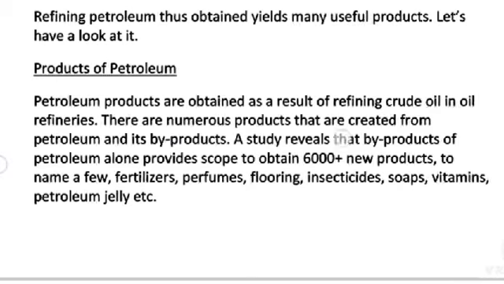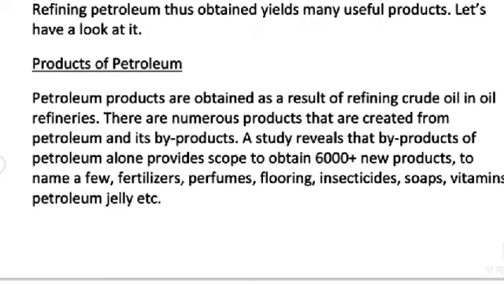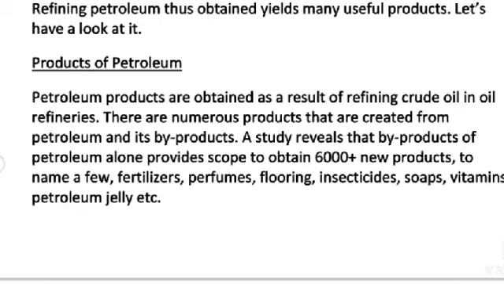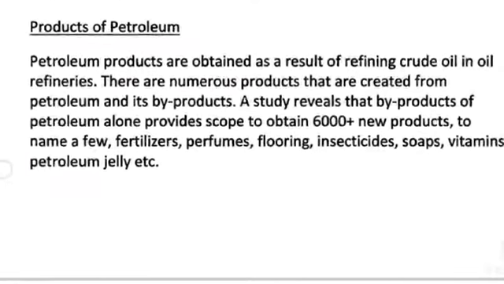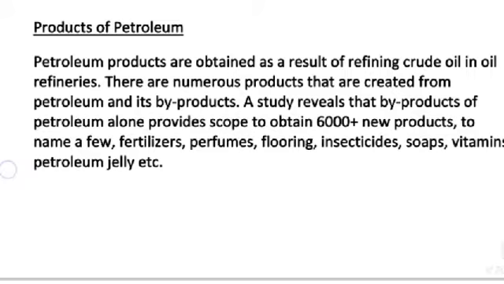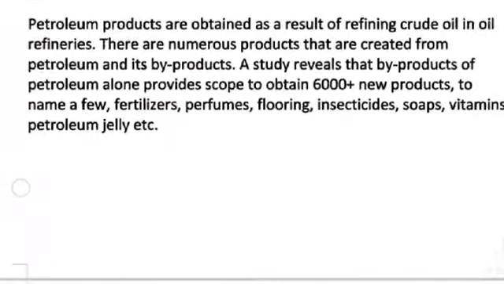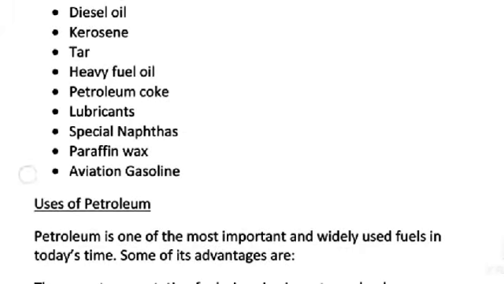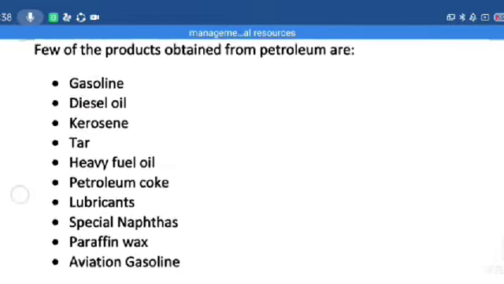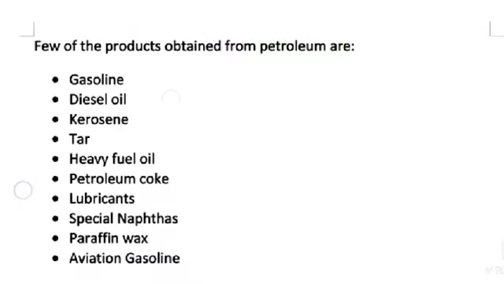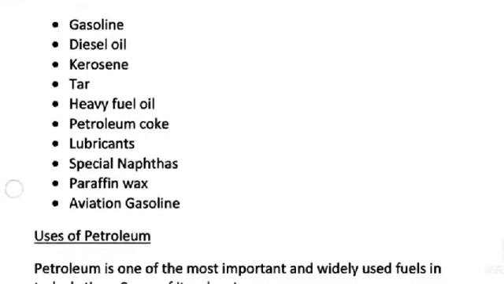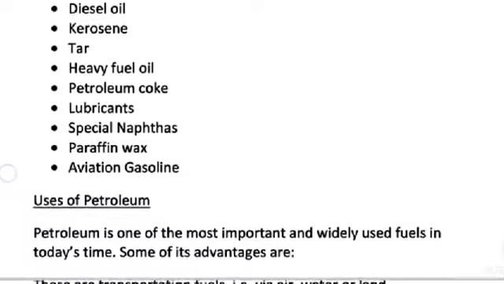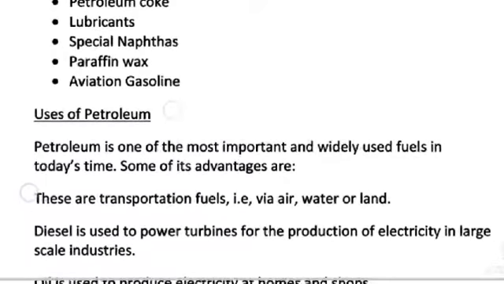A study revealed that byproducts of petroleum alone provide scope to obtain 6,000 plus new products, to name a few: fertilizer, perfumes, flooring, insecticides, soaps, vitamins, petroleum jelly, etc. A few of the products obtained from petroleum are gasoline, diesel oil, kerosene, tar, heavy fuel oil, petroleum coke, lubricants, special naphthas, paraffin wax, aviation gasoline.